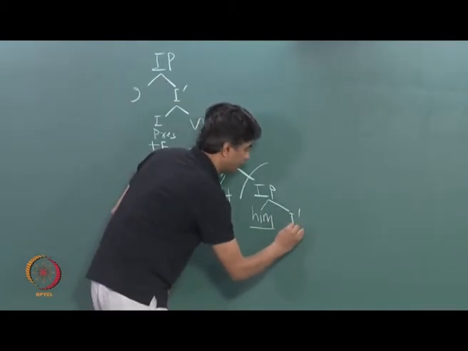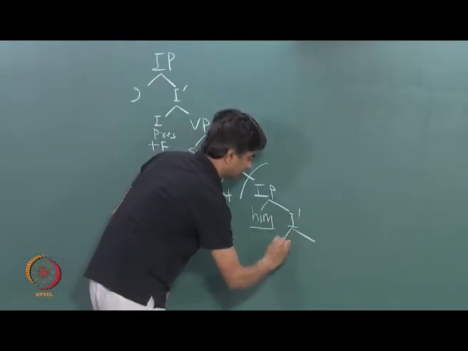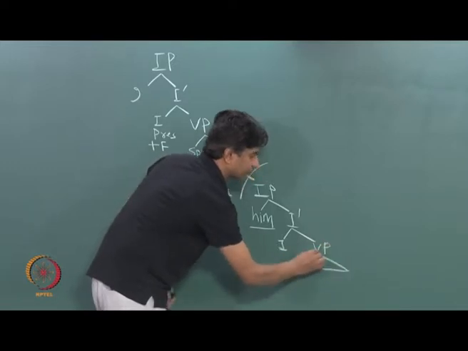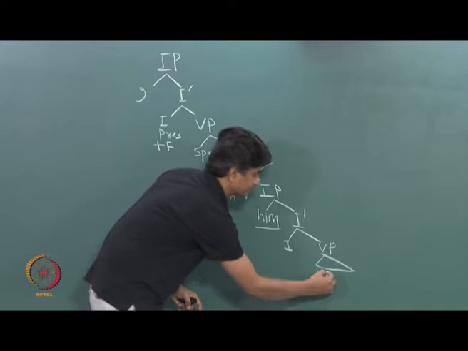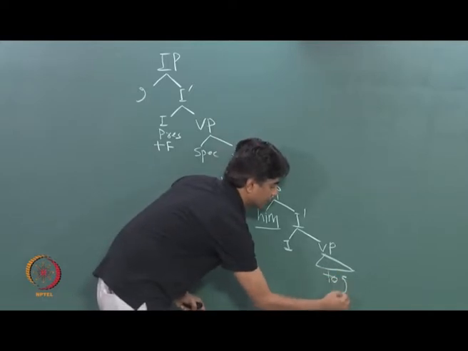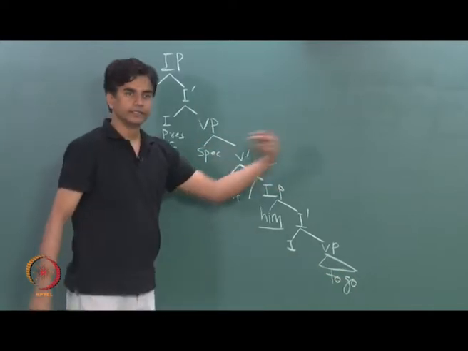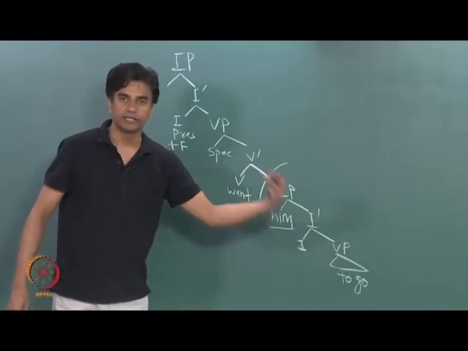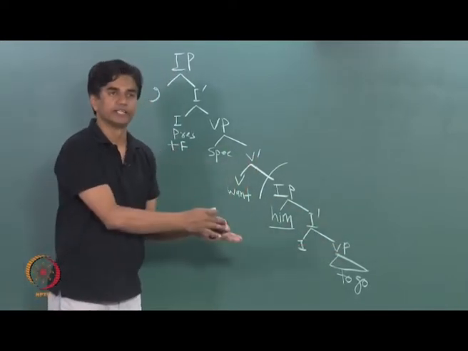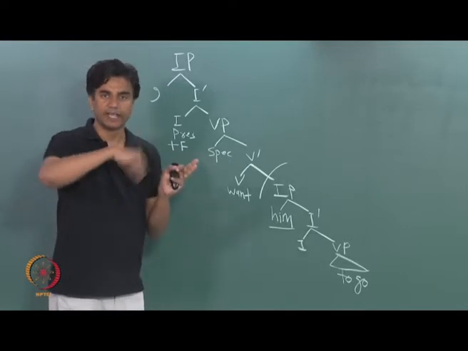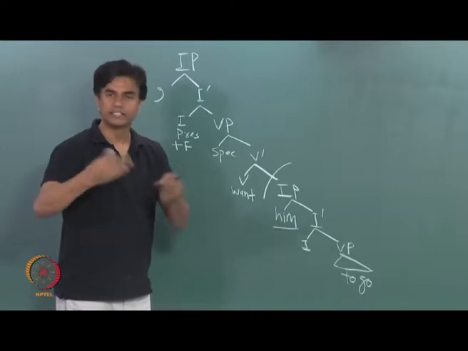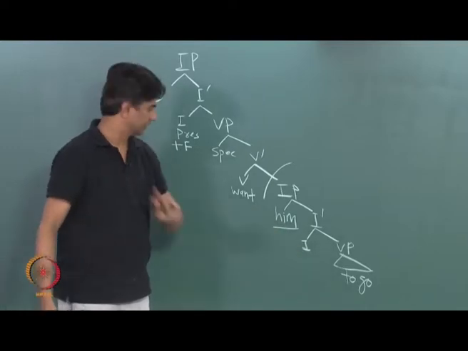So now we have I, here is our I, and here is our VP, and for simplicity, I am going to put it as to go, where there is no complement of this verb to go, it's an intransitive verb, and we can put them together. Actually, it's in the V head position, V, go or to go, but since there is no complement, we are just putting them together.